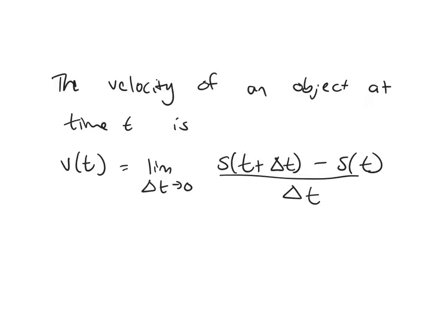So you're taking your change in time closer, taking the limit as that goes to 0, so you're really looking for instantaneous velocity here. And so what this says is that velocity is the derivative of position.